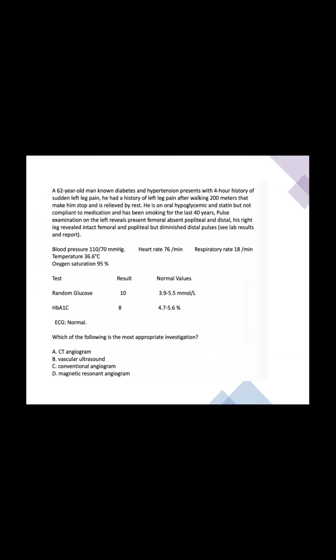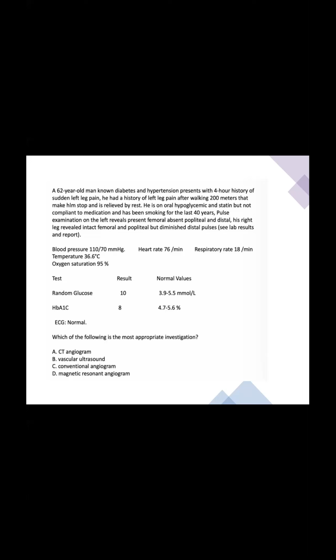A 62-year-old man, a known diabetic and hypertensive, presents with a 4-hour history of sudden left leg pain. He had a history of left leg pain after walking 200 meters that makes him stop and is relieved by rest. He is on oral hypoglycemics and statins but not compliant with medication, and he has been smoking for the last 40 years. Pulse examination on the left reveals present femoral, absent popliteal and distal.